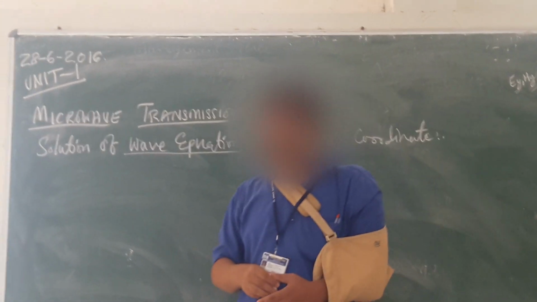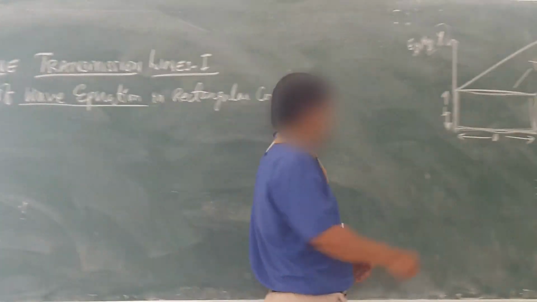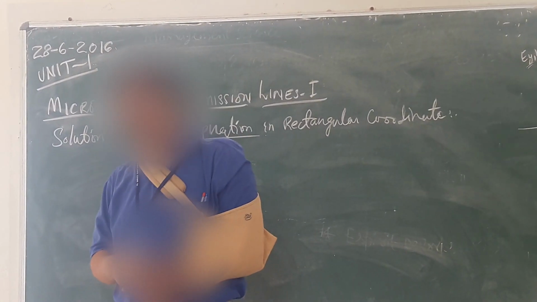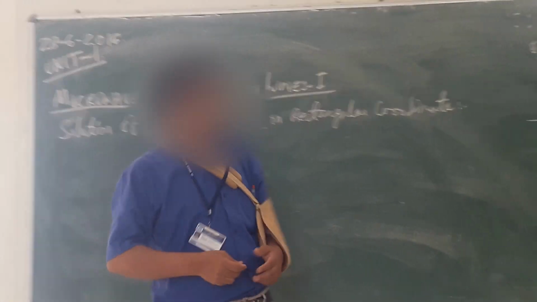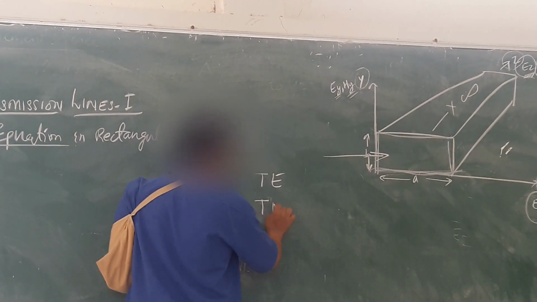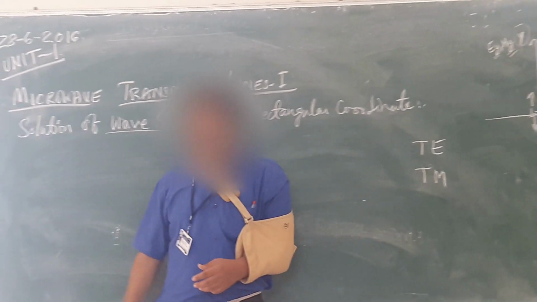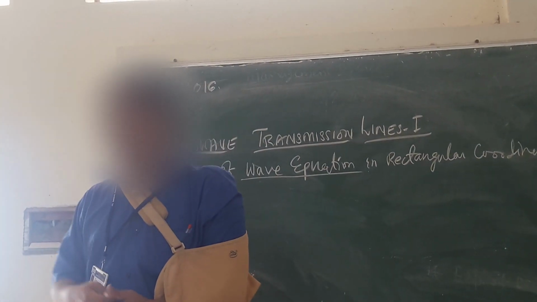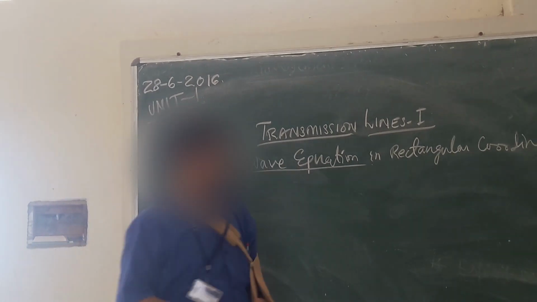And as you know, whenever we propagate the wave, there are two different modes: the transverse electric mode and the transverse magnetic mode. These are the different modes. Modes means different ways by which we can propagate electromagnetic waves.